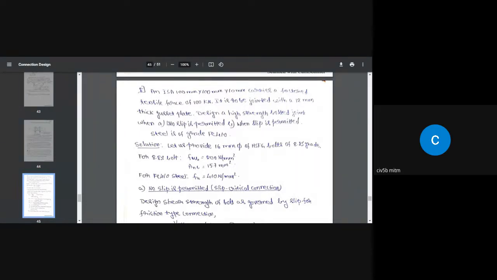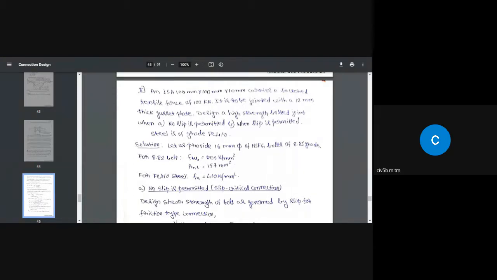So coming to the first case, no slip is permitted, and design a high strength bolted joint. See, whenever you design a slip critical connection or no slip permitted connection, we have to use a very high strength bolt.